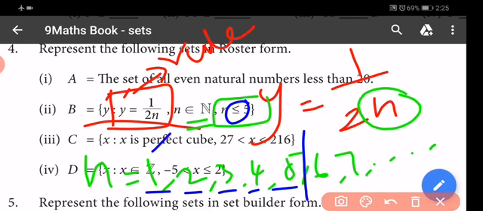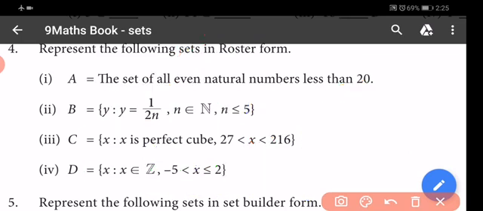We apply n equal to 1 in the formula y equals 1 by 2n. Substituting n equal to 1, y equals 1 by 2. The second one, n equal to 2: 1 by 2 into 2, that is 1 by 4. For 3, 1 by 6. For 4, 1 by 8. For 5, 1 by 10.